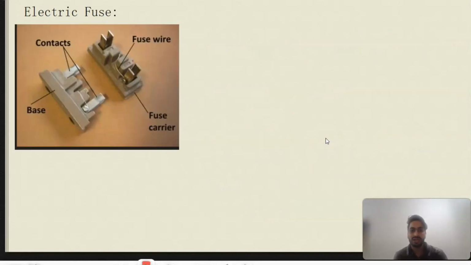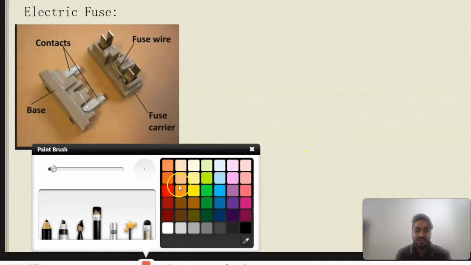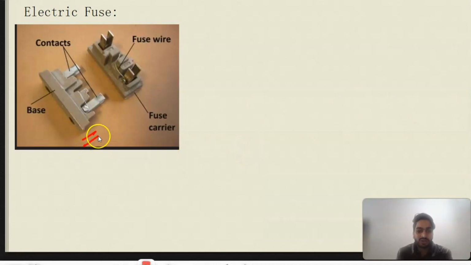Now let's talk about the electric fuse, which I mentioned in the beginning as well. We may have seen this type of fuse at our house. In this fuse we can see there are contacts that fit into this, and a wire connected like this, as we can also see in the diagram.